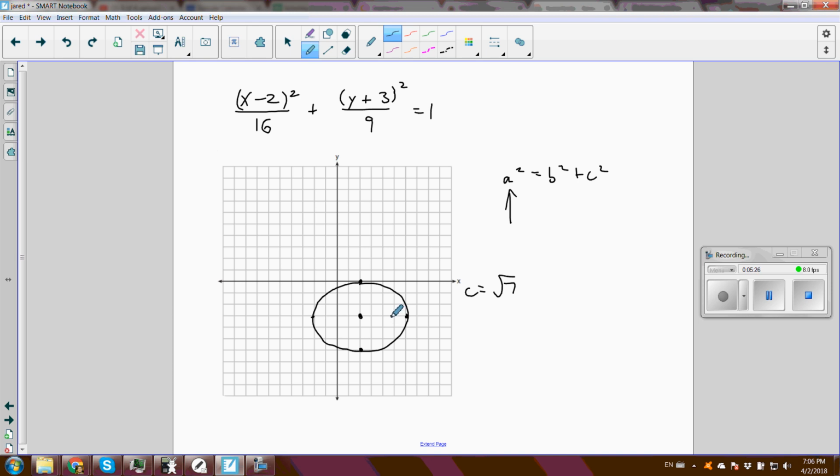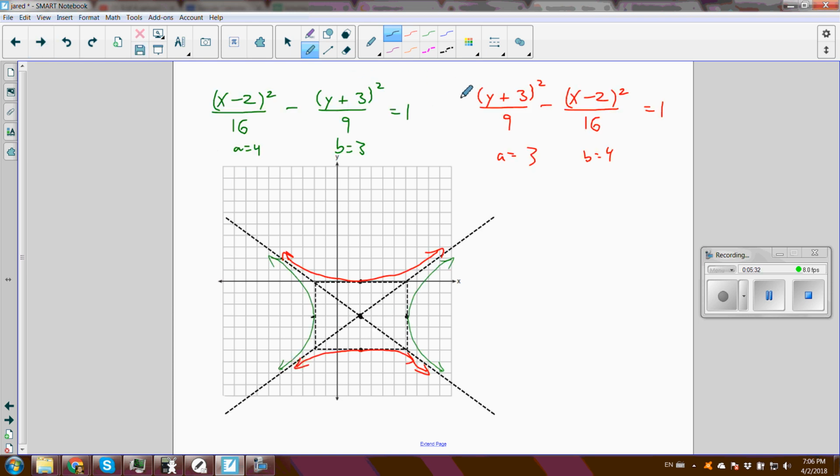So the foci would be almost 3 to the left and right of the center of the ellipse. In the hyperbola, however, it's the other way around. We have a squared plus b squared equals c squared. In both of them, we have a 3, 4, 5, so c would equal 5.